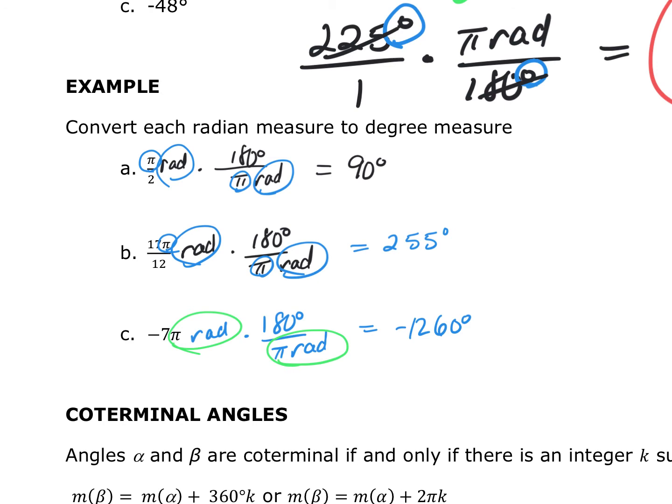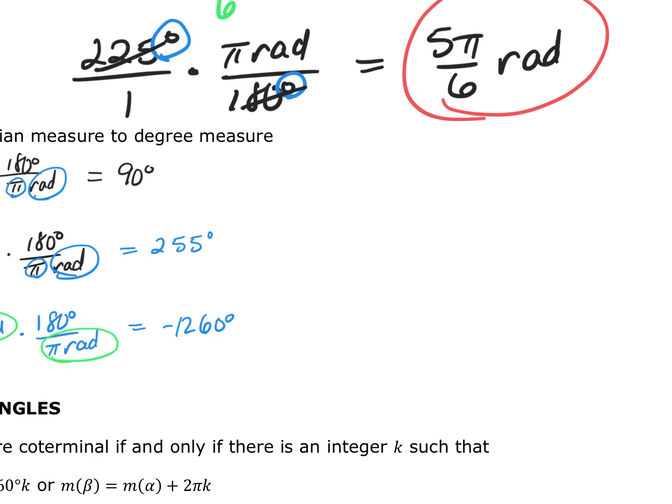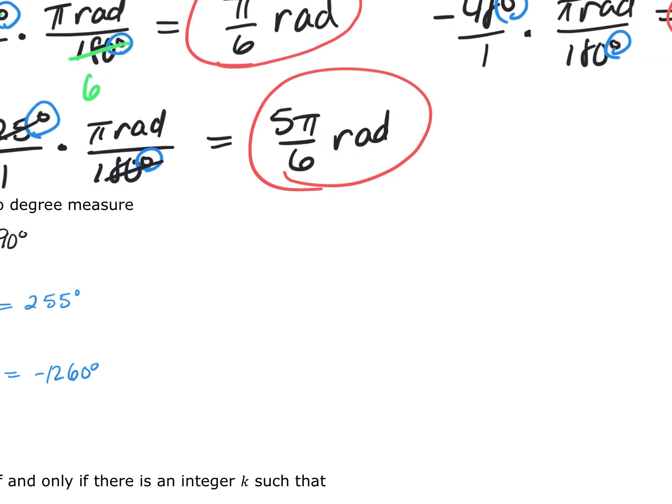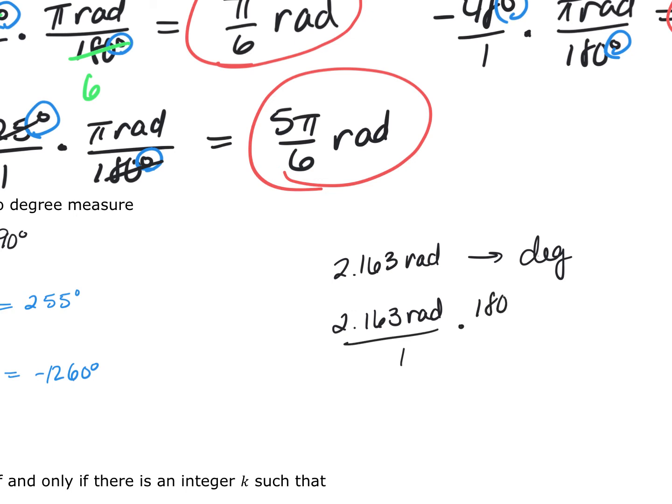Now I want to talk a little bit, I know there aren't any examples here, and you might see this on the homework, and it's going to ask you to convert radian measures that are not nice. So say it's asking you for 2.163 radians, and they want us to convert into degrees. Now in this case, I'm not going to get an exact value, but I'm still going to set it up the same way. 2.163 radians over 1 multiplied by 180 degrees over pi radians.